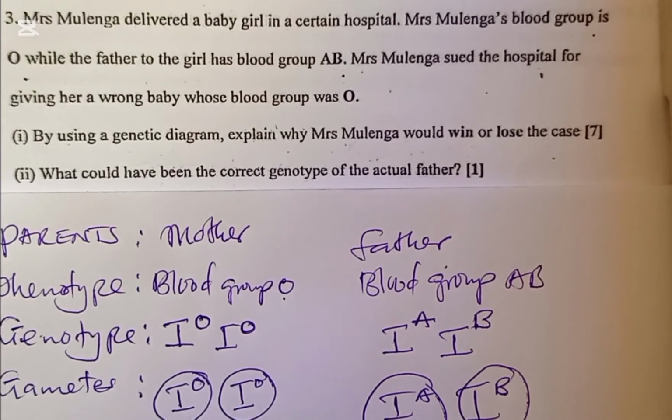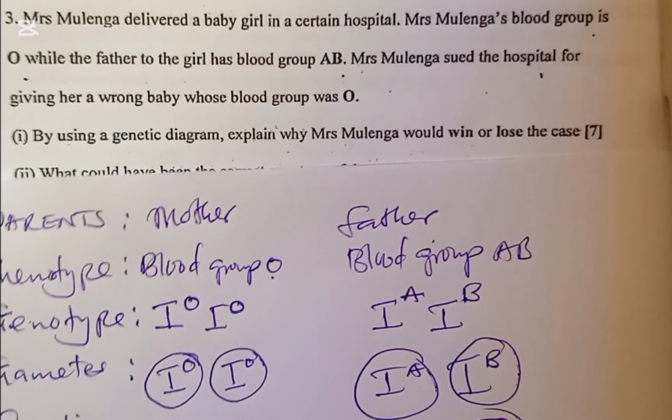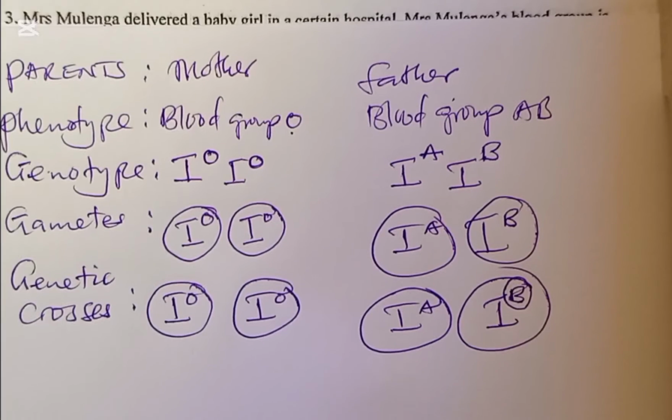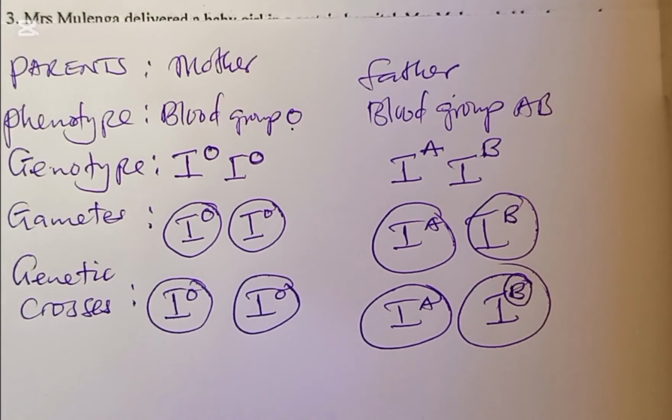Okay, so from there, we proceed to genetic crosses. So after that, we now need to show how the crosses take place.